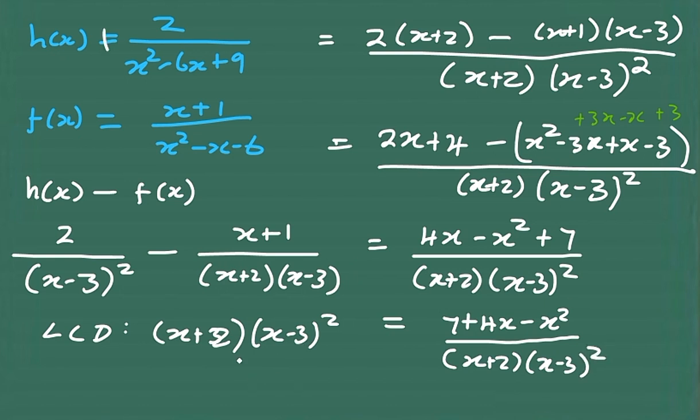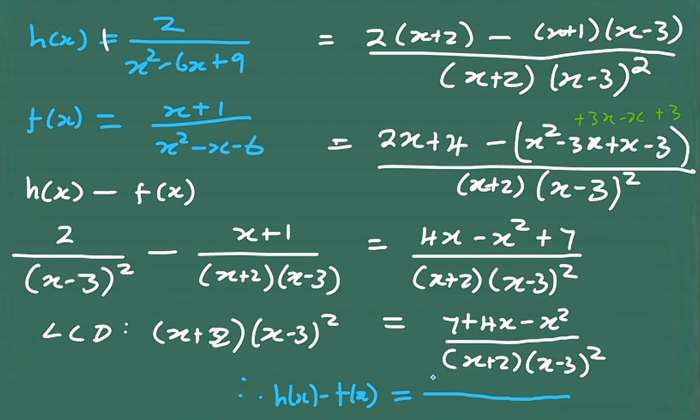So therefore we can say that h of x minus f of x is going to be, now this numerator is also a quadratic expression, but it cannot be factorized unless you use other methods for quadratic expressions, but that is not necessary because we are just simplifying the expression.